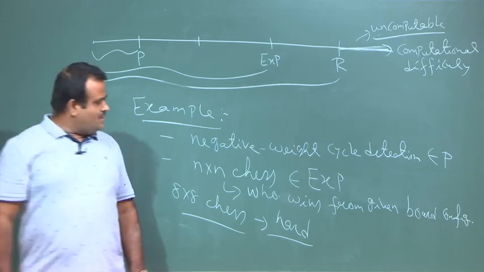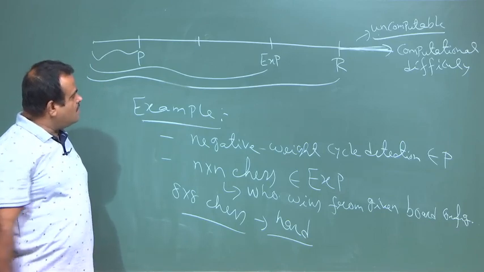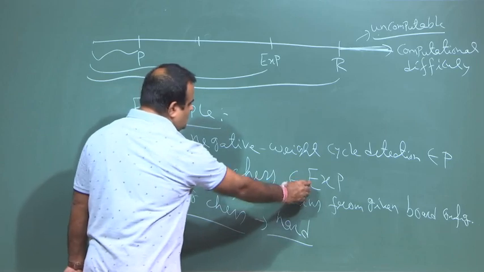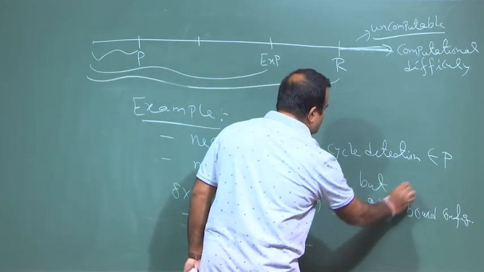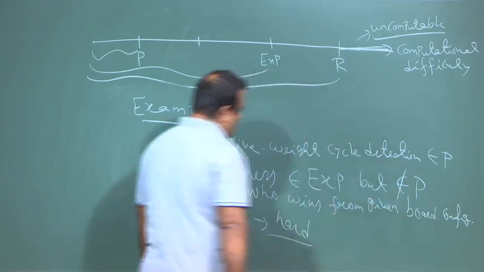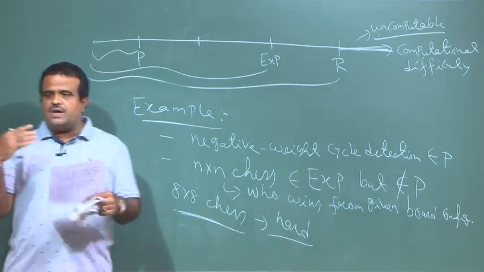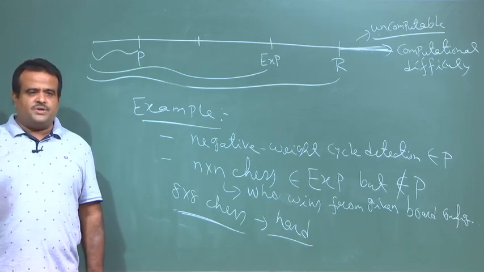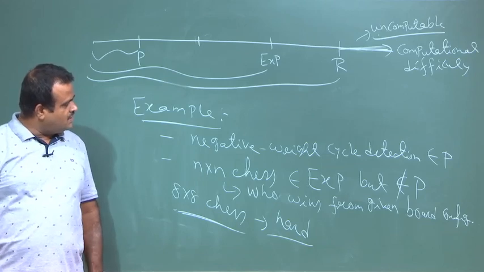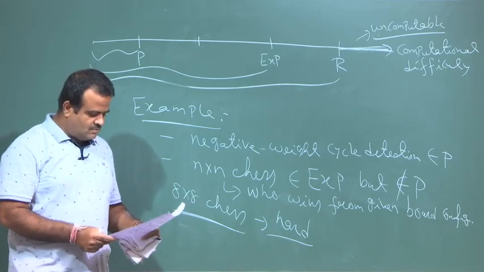It belongs to the exponential class and it is not in P, even for 8 by 8 chess. That means we do not have a polynomial time algorithm to solve it. This is a typical example of an exponential time problem.